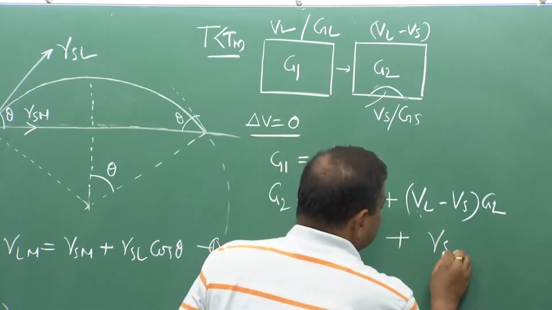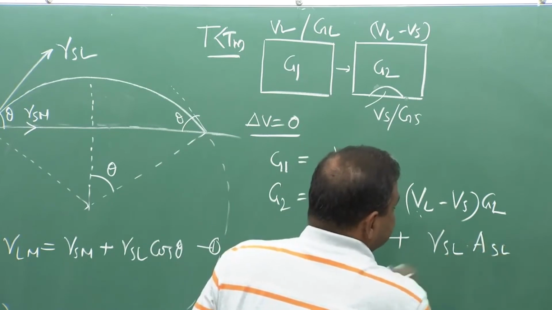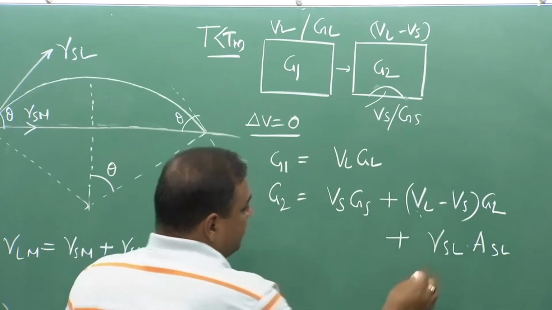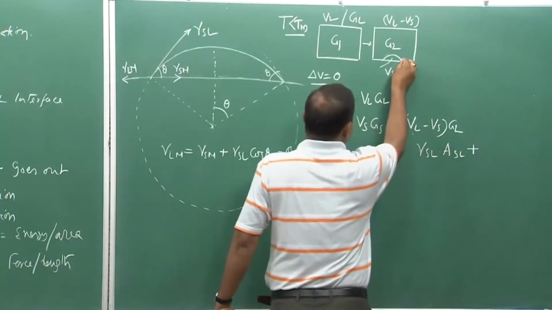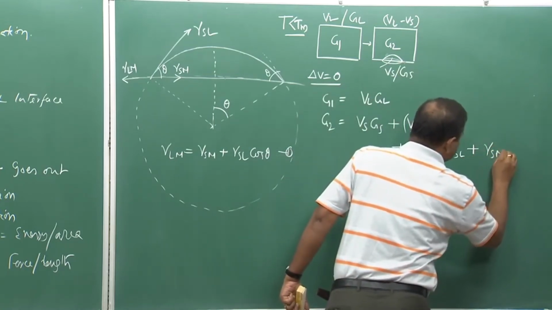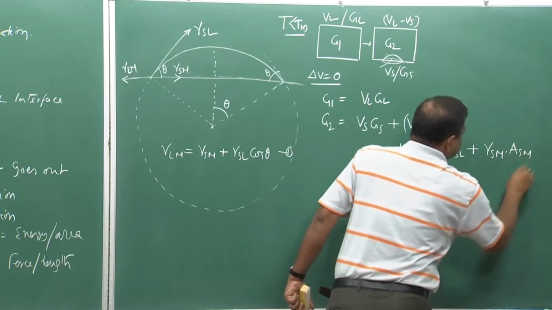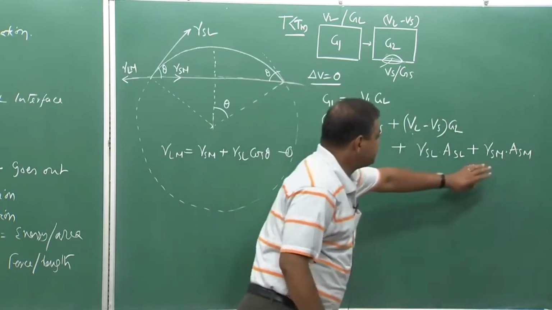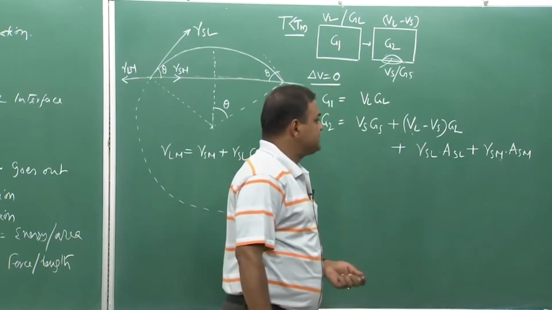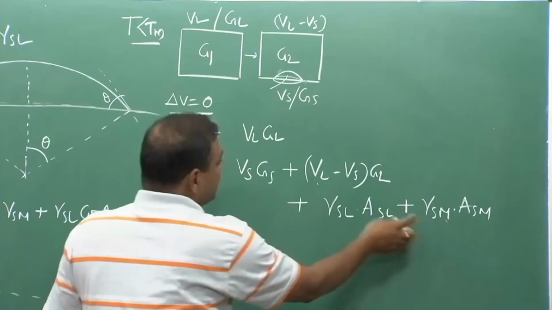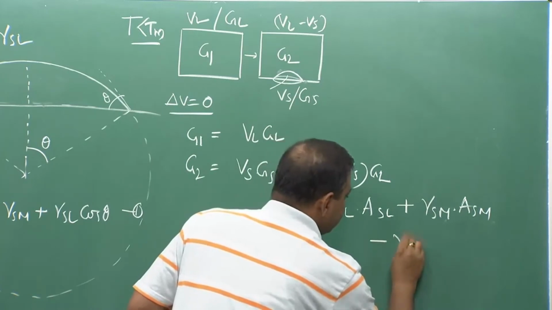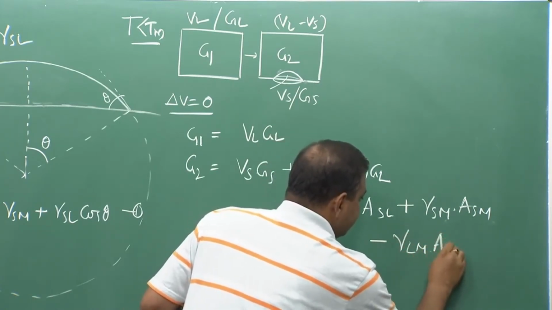One is gamma S L into A S L, the surface area of this lens, plus you are creating this interface also, gamma S M and A S M. This interface is replacing the previous interface, which was liquid metal. So, the area would be the same as this, but the interface energy would change: minus gamma L M A S M.